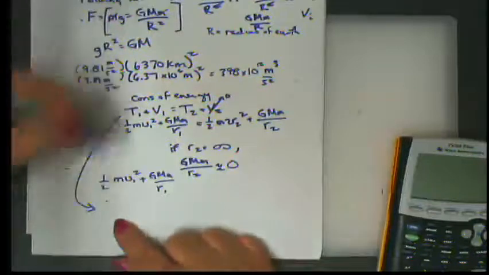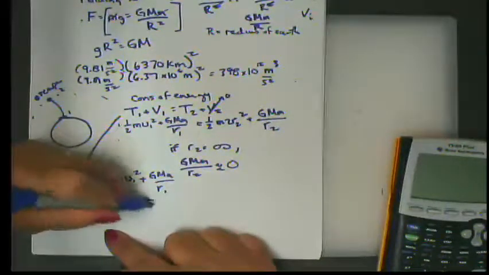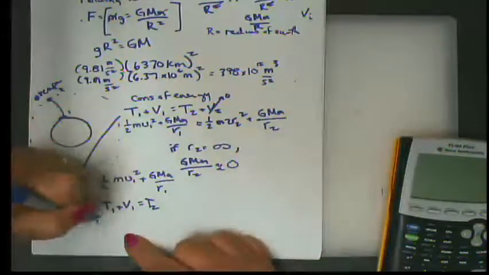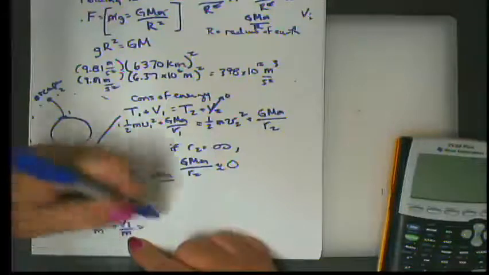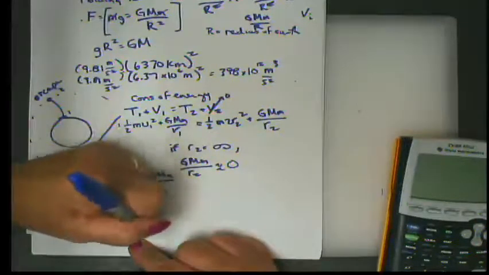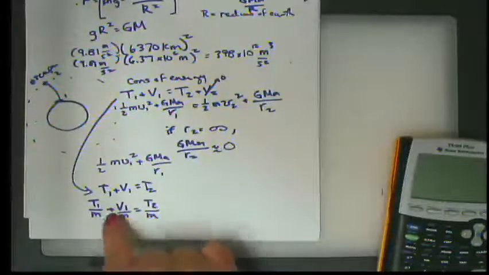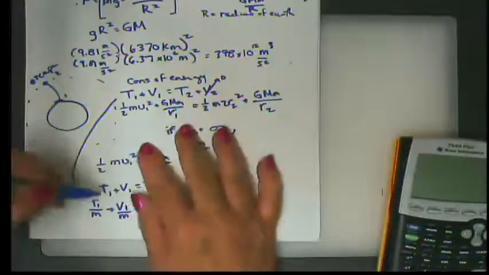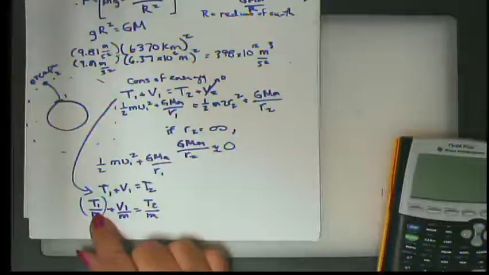Okay? So I could say then that T1 plus V1 equals T2. But since I'm looking for potential energy per unit mass, and the mass of the rocket is not going to change, I could just rewrite that equation to look like this. So I'm just taking kinetic, because this is what I'm looking for ultimately, is what my kinetic energy per unit mass has to look like.